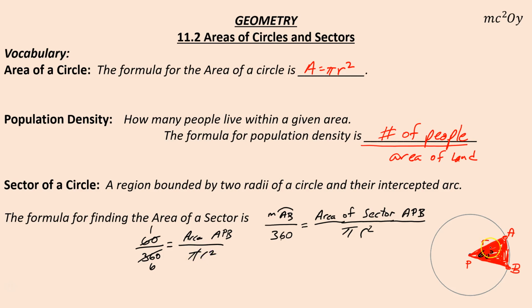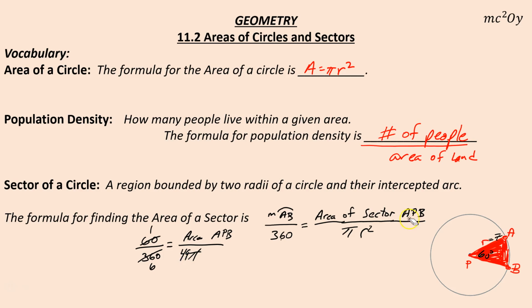All right, and in this case, if we had a certain value for the radius, say the radius was 7, it would be over 49 pi. Okay, and then you can cross multiply.